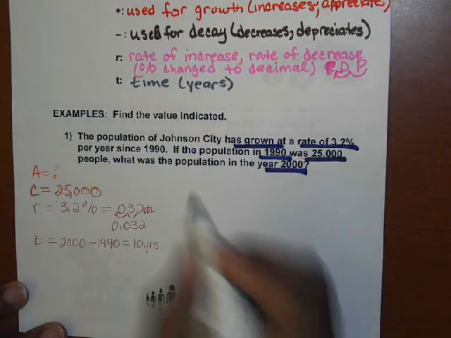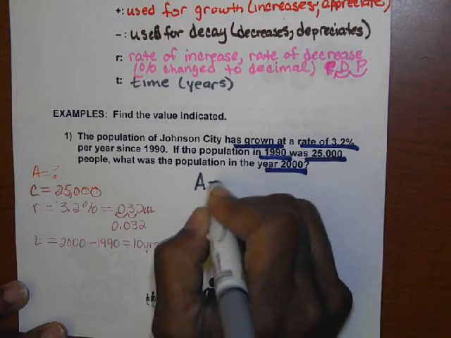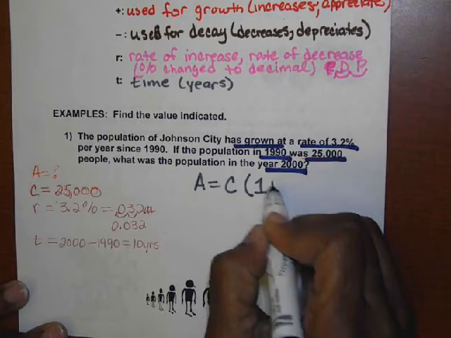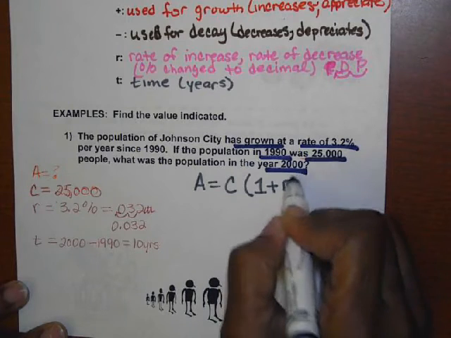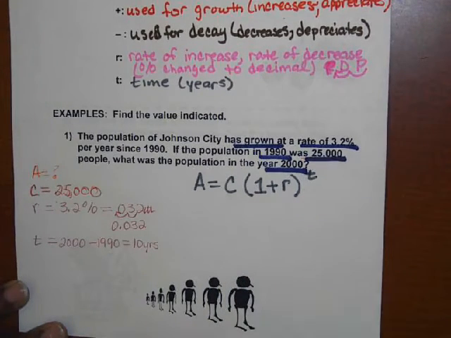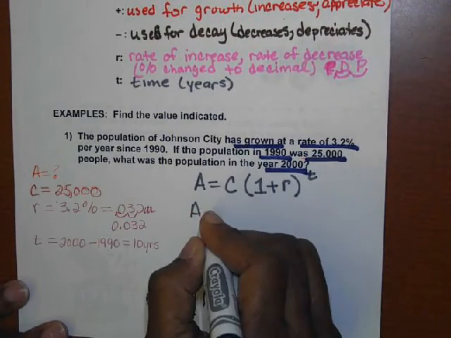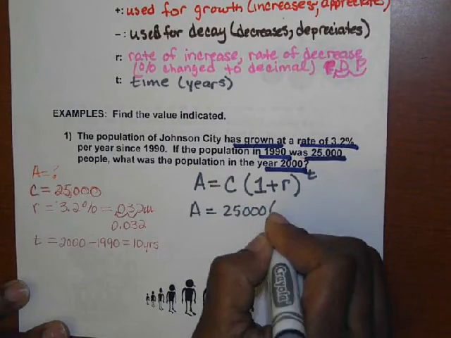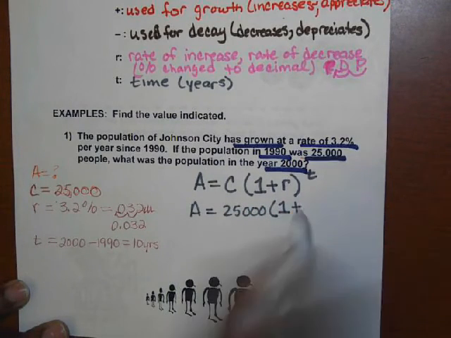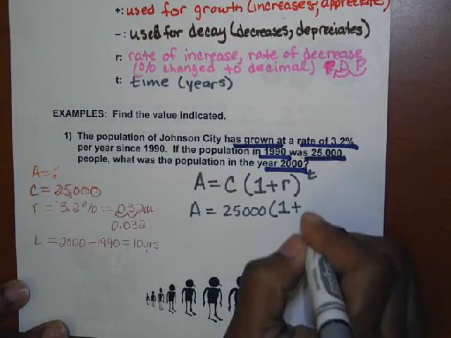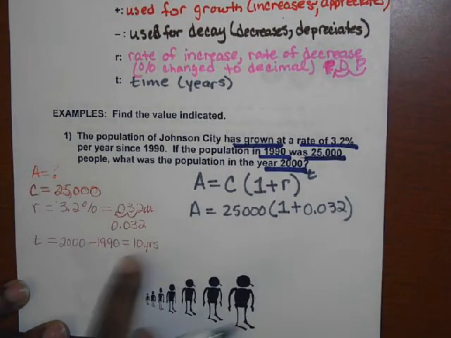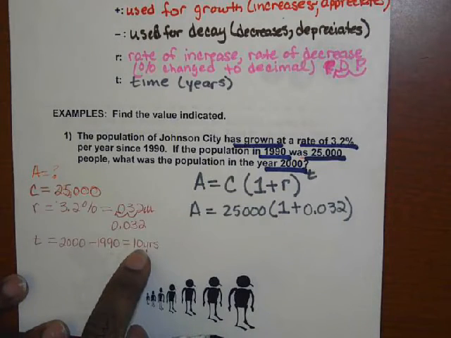My formula is A equals C times 1, since I'm growing, it's going to be plus the rate, to the power of t. Now it's just a matter of substitution. A equals 25,000 times 1 plus the rate as a decimal to the power of my time, which is 10.